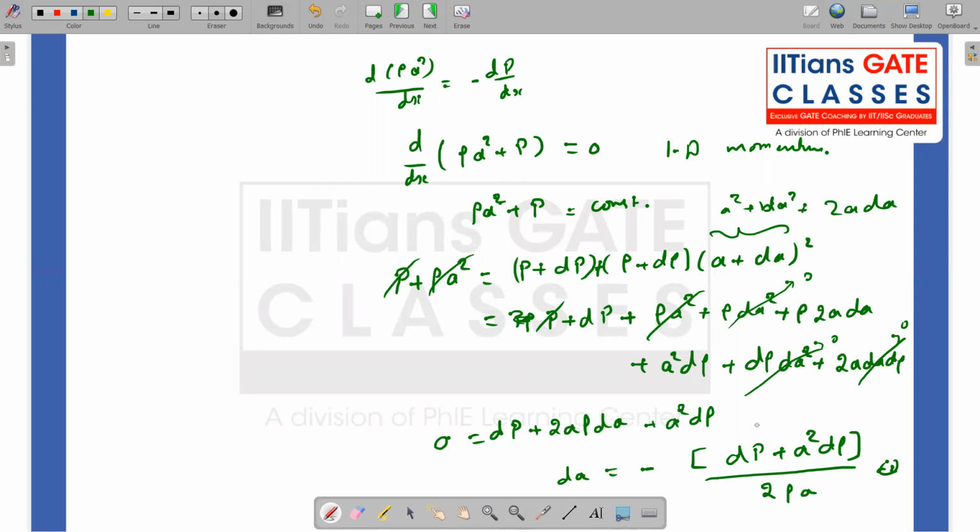So if I go back and check my equation 1, I had a term for dA, right? dA is equal to minus A d rho by rho. So I can replace that in equation 2.